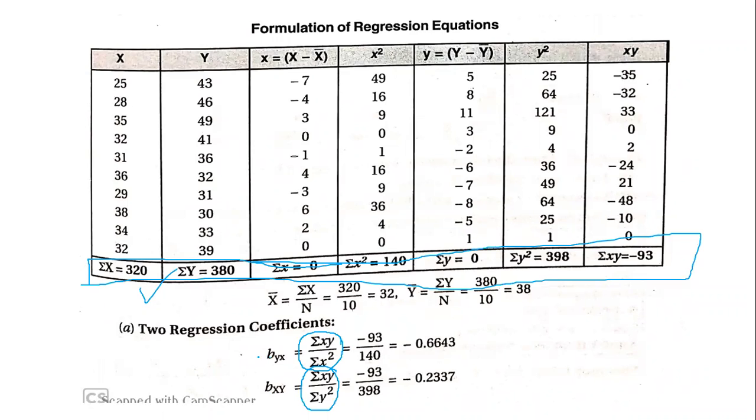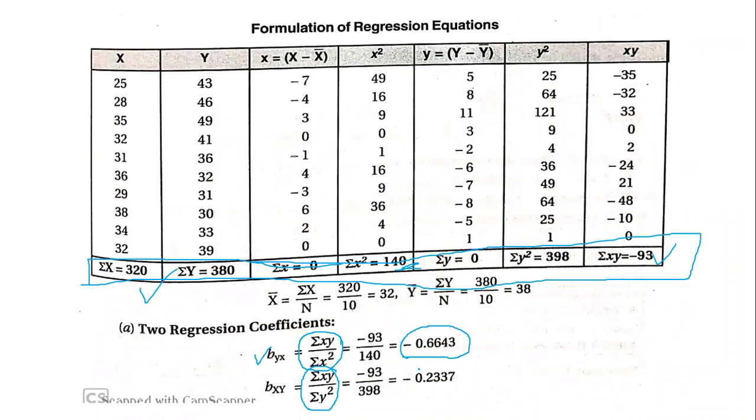Now for byx, sigma xy by sigma x square. Sigma xy is minus 93 and sigma x square is 140. So the first coefficient we get is minus 0.6643.